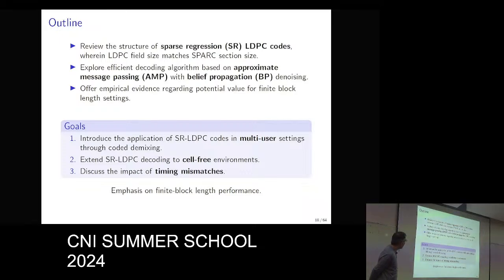So the outline for the afternoon is we're going to review sparse regression codes. Sparse regression codes were introduced by Andrew Barron and a collaborator a little while ago, and this is really the first application.